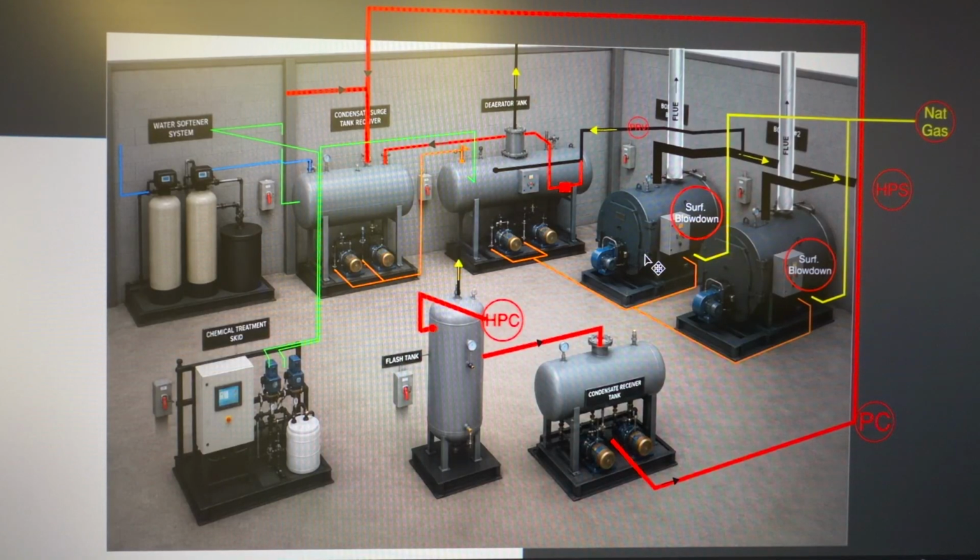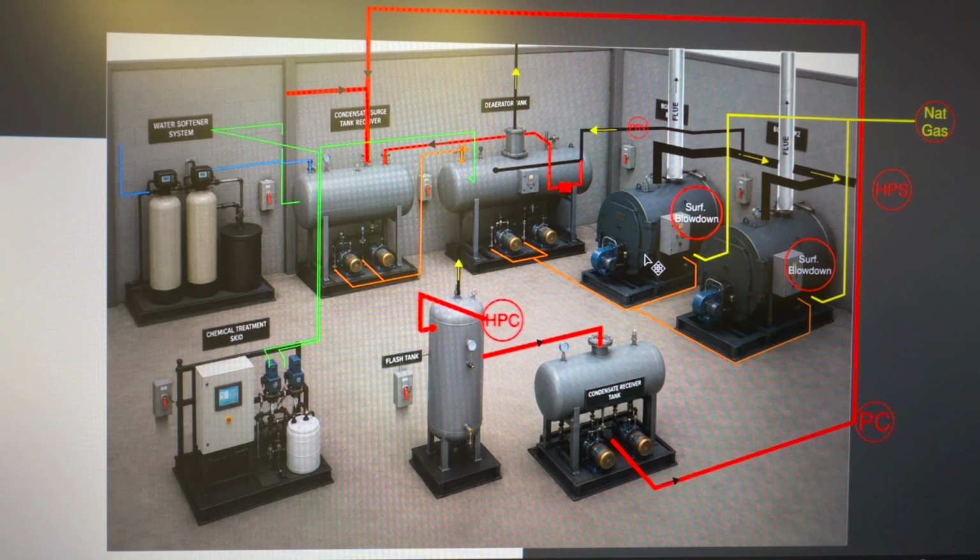I'll do a brief summary of what the boiler does, and then we'll go into the function of each equipment piece within the room. The boiler is the heart of the steam plant. It transfers heat from burning fuel into water, producing steam that is distributed throughout the building. Natural gas is burned inside the combustion chamber.